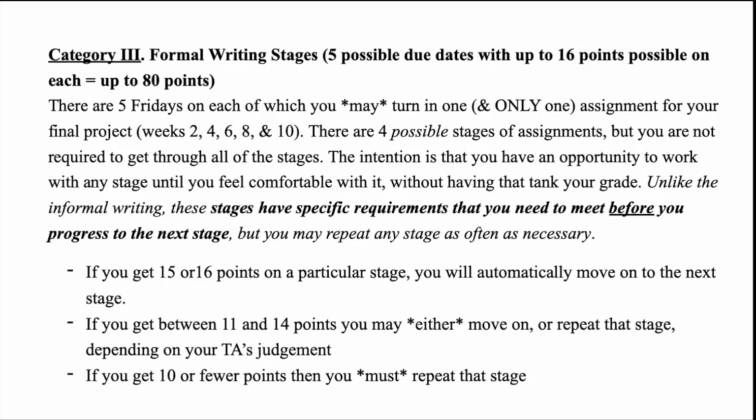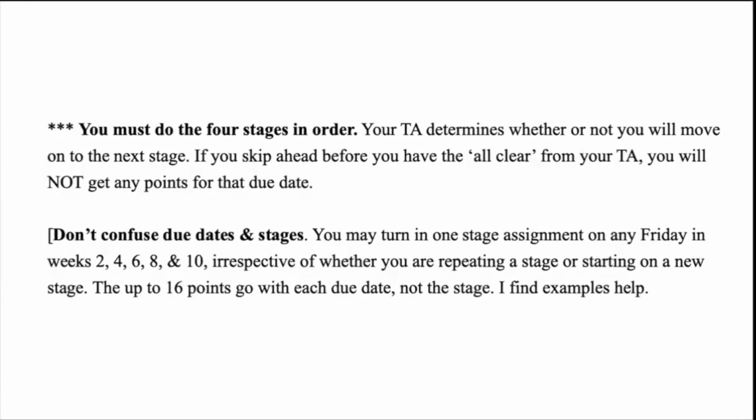You can't do it again if you got 15 or 16 points. If you get between 11 and 14 points, you may either move on or repeat that stage, and that will depend on the judgment of your TA. If you get 10 or fewer points, then you must repeat that stage, but you keep the points that you got. You must do the 4 stages in order.